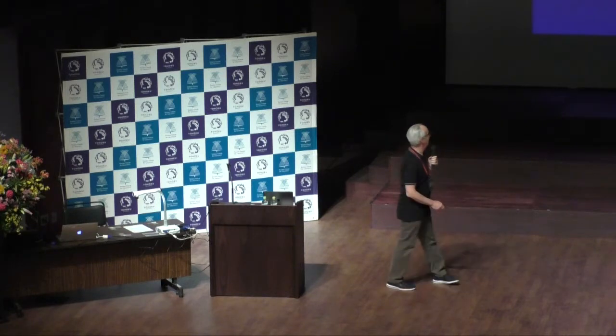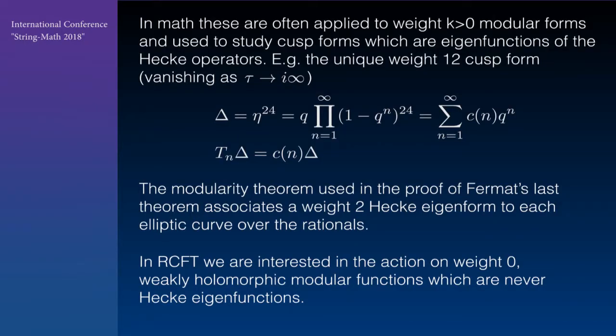However, the characters of rational conformal field theories cannot be Hecke eigenfunctions. They're certainly not cusp forms, and they're not even holomorphic modular forms because they blow up as you go to i infinity, because there's always a q to the minus c over 24, or some negative power of q, even in a non-unitary theory.